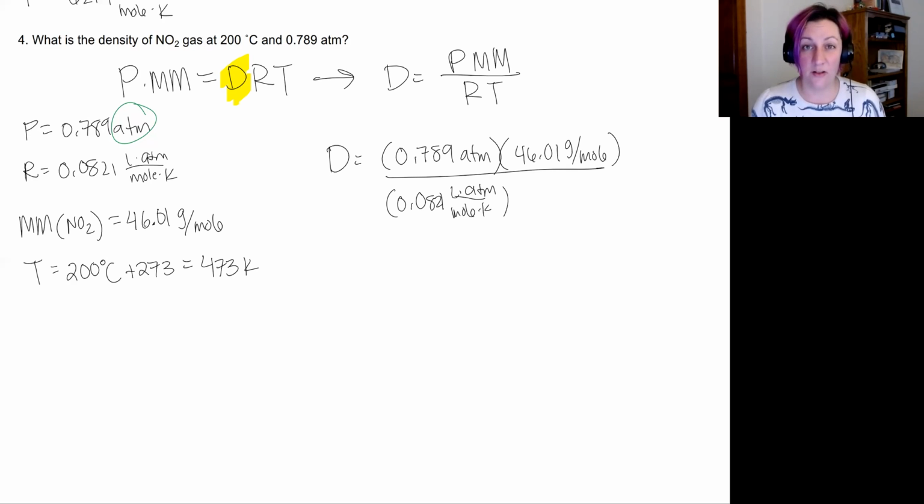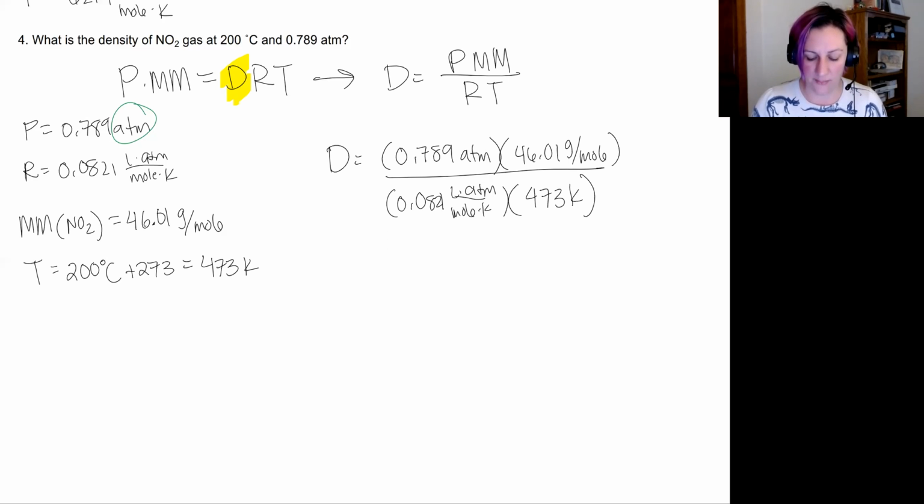I know it's annoying to write all those units. If you keep doing it though, I promise once or twice you will catch yourself using the wrong R value, and writing out the units is when you'll notice. And then temperature is 473 Kelvin.